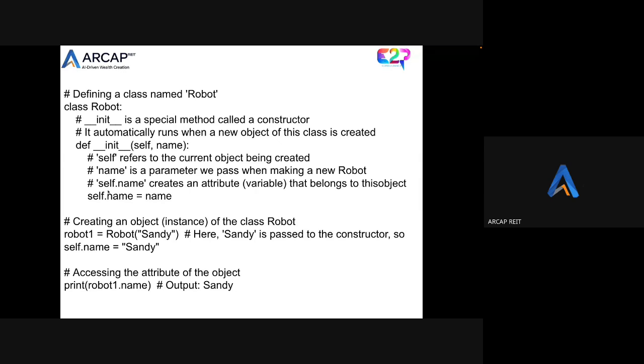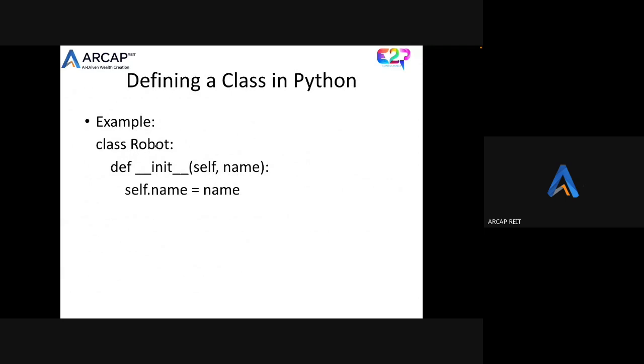So how have we created a class? This is the class, Robot, and we need to send some name, like our robot is Sandy. That Sandy will be stored in the variable called name.